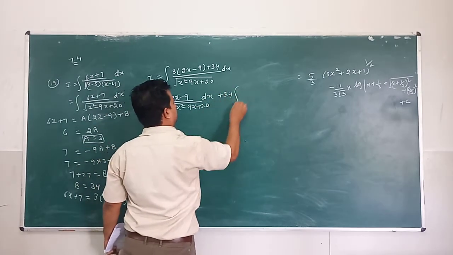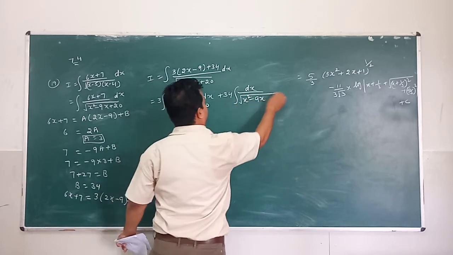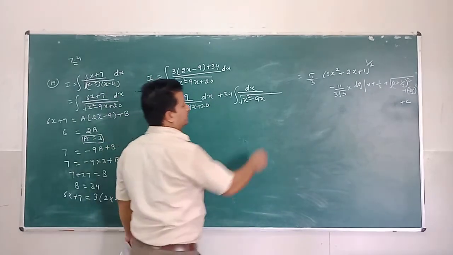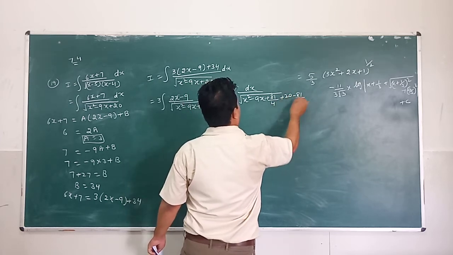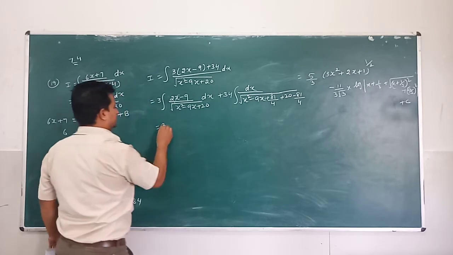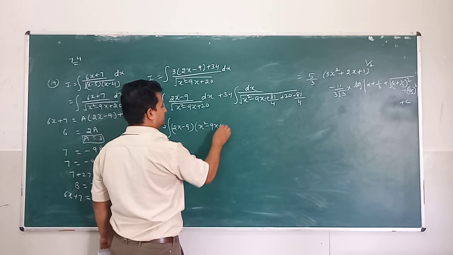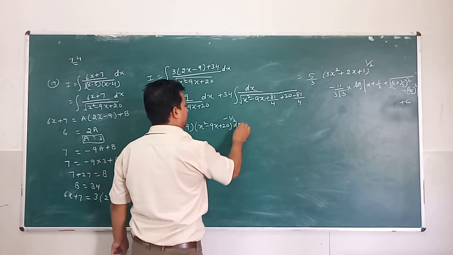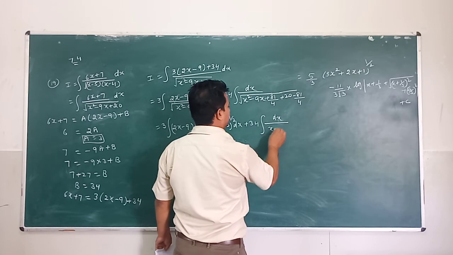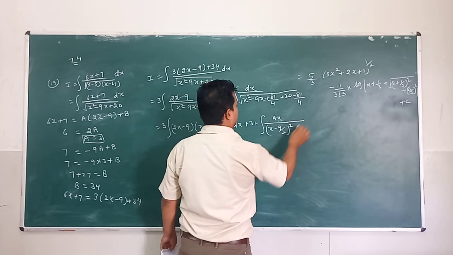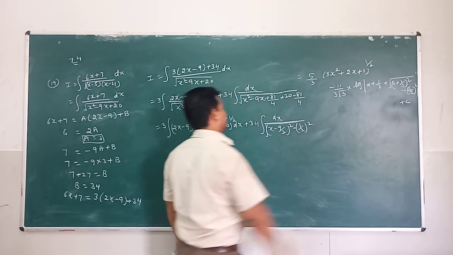Plus 34 dx upon the root of, completing the square of x square minus 9x. The coefficient of x is 9, half is 9/2, so its square is 81/4, plus 20 minus 81/4. So this is 3 times (2x minus 9) times (x square minus 9x plus 20) to the power half dx, plus 34 dx upon the root of (x minus 9/2) whole square, 80 minus 81 means minus 1/4, this is (1/2) whole square.